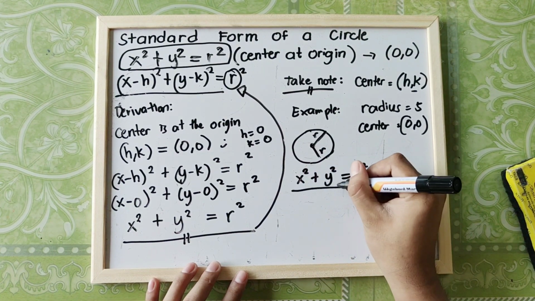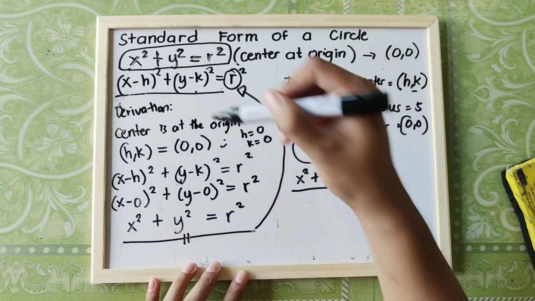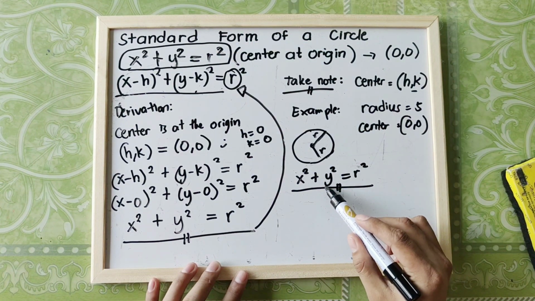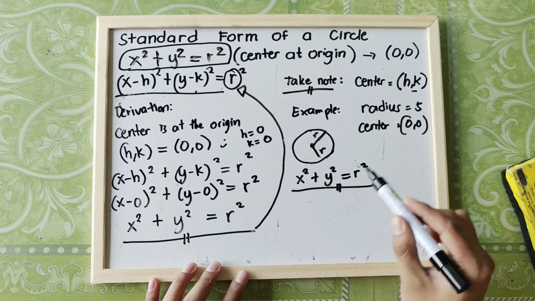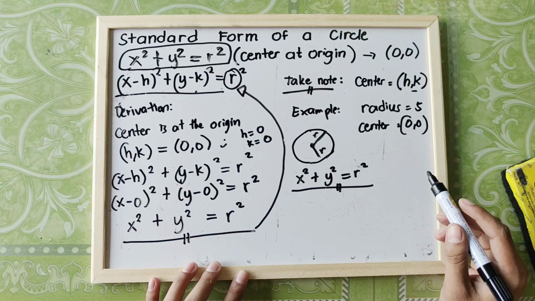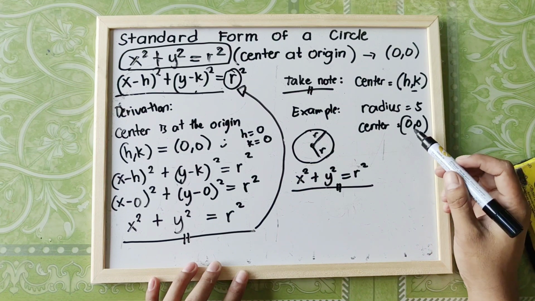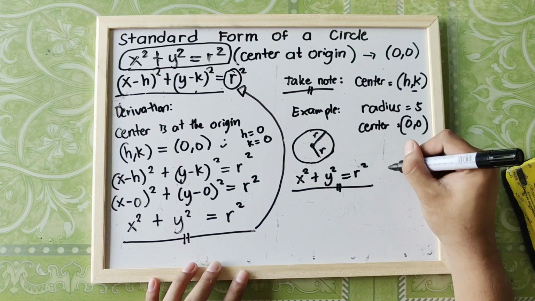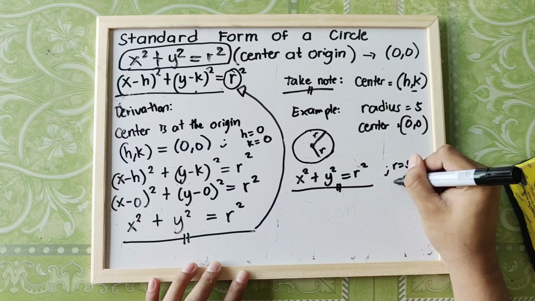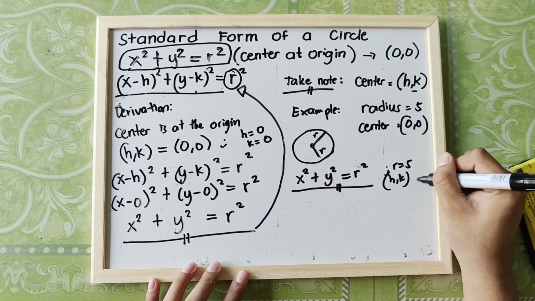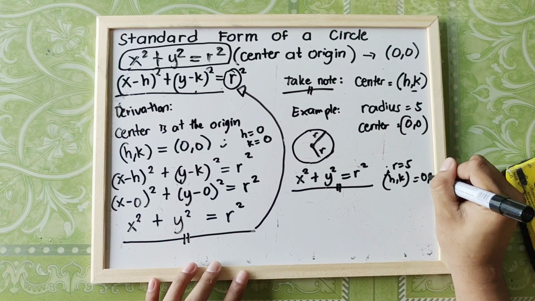Again, why are we going to use this equation and not the other equation? We are going to use this equation because the center is located at the origin. Again, when we say origin, it is located at (0, 0). So our radius is 5, and our (h, k) is (0, 0).